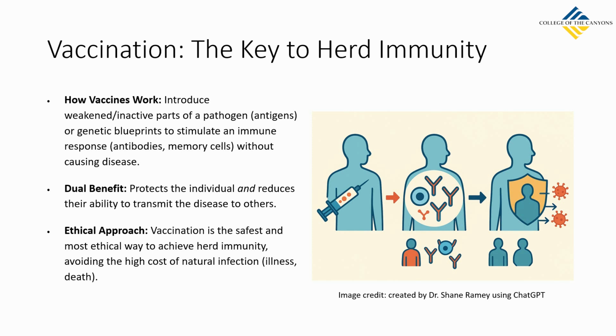So they don't get ill. They get the benefits of having gotten an infectious disease without actually having to go through that infection or disease, right? So vaccination is the safest and most ethical way to achieve herd immunity, again, avoiding those high costs of natural infections associated with illness and death.